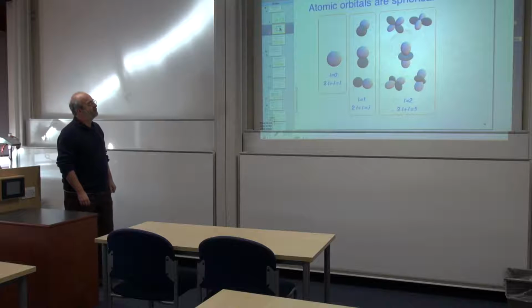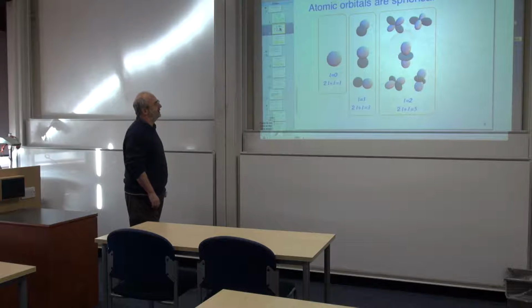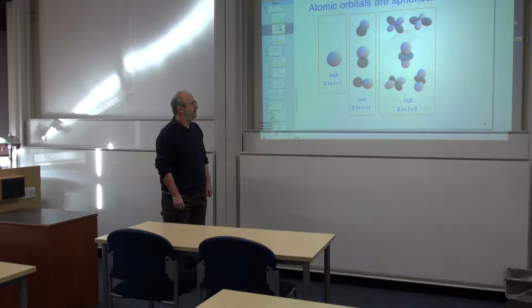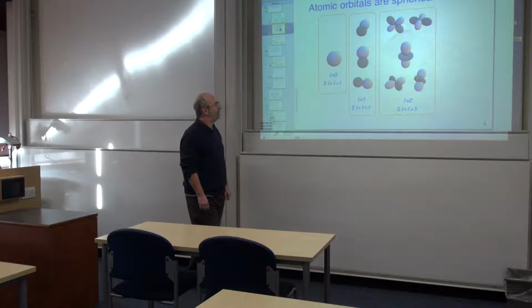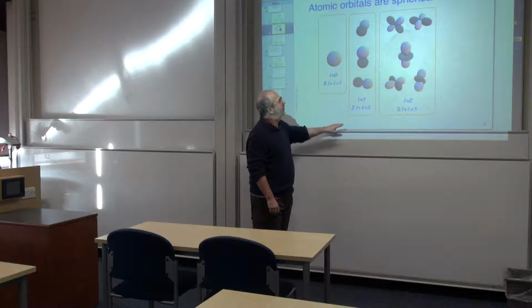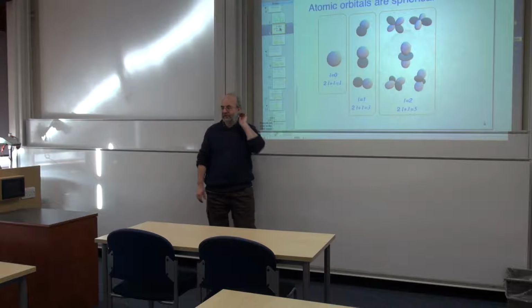With a picture of the symmetries using the atomic orbitals as a way of visualizing that, where an s orbital has rank 0, a p orbital has rank 1, and a d orbital rank 2.